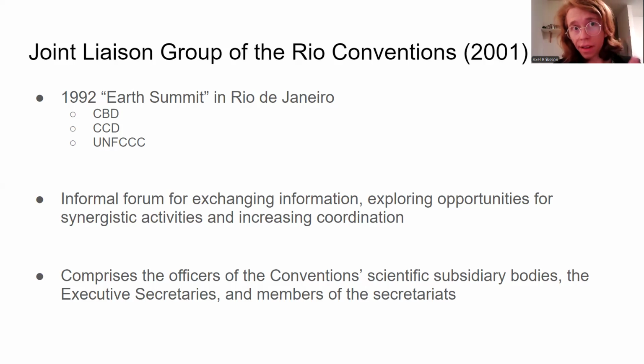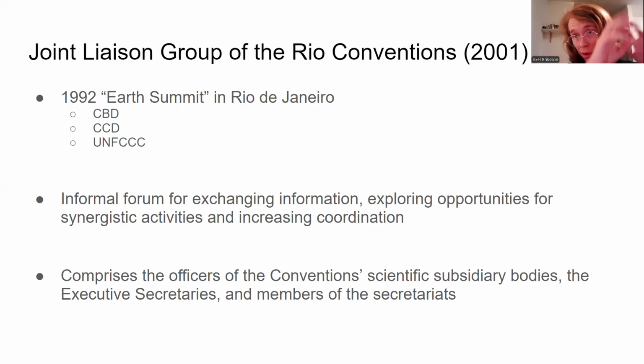And this joint liaison group is an informal forum for exchanging information, exploring opportunities for synergistic activities, and increasing coordination. Basically, this body is made up of the officers of the convention's scientific subsidiary bodies. So these subsidiary bodies have chairs, for example, and the executive secretaries.